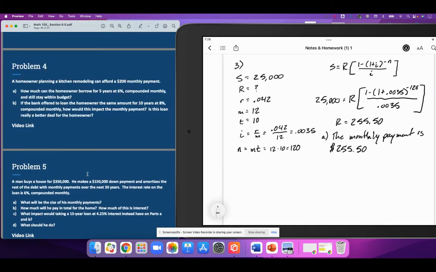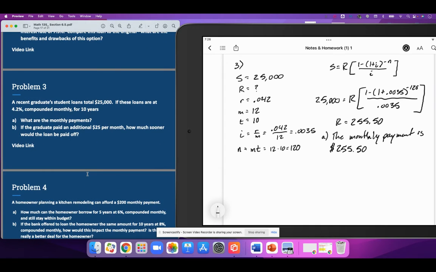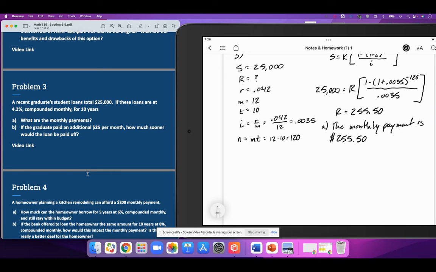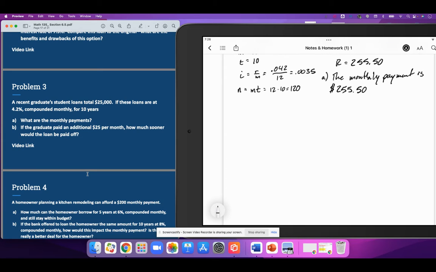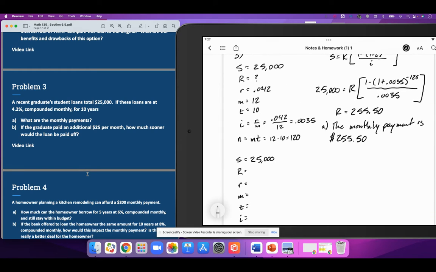Next question. We've got, if the graduate paid an additional $25 per month, how much sooner would the loan be paid off? And so what we've got to do in this instance is we need a whole new equation. So our S is going to repeat here, and we're still owing 25,000 bucks. And let's get the other information from up here.